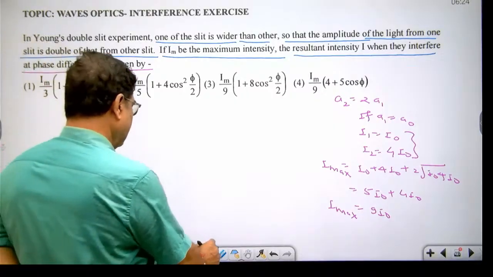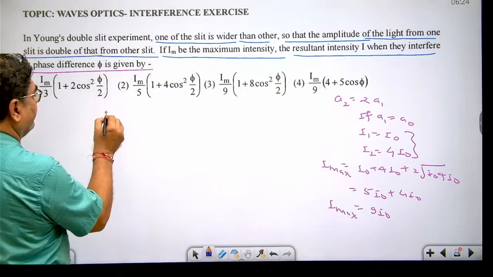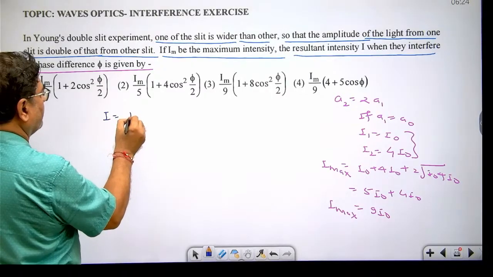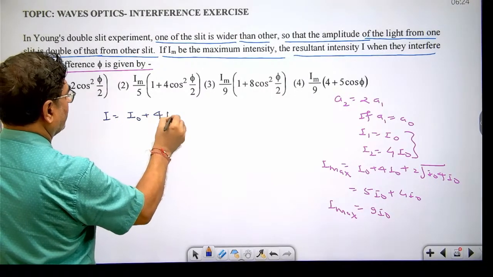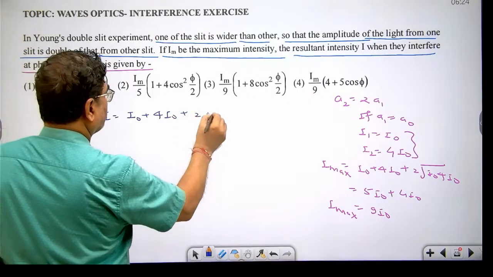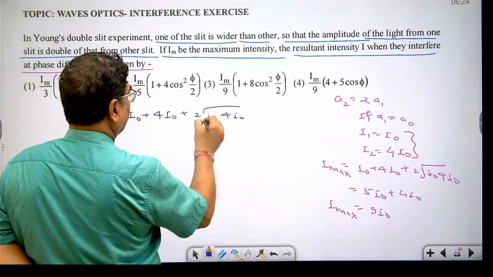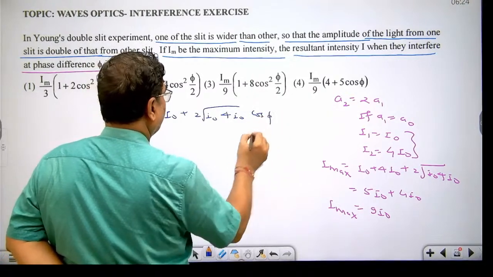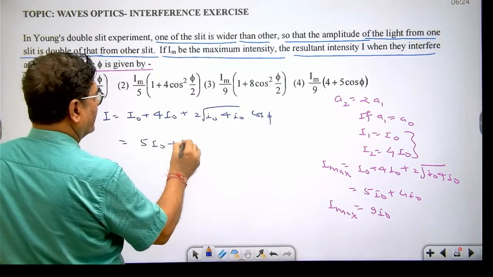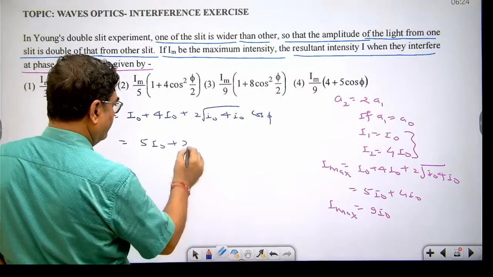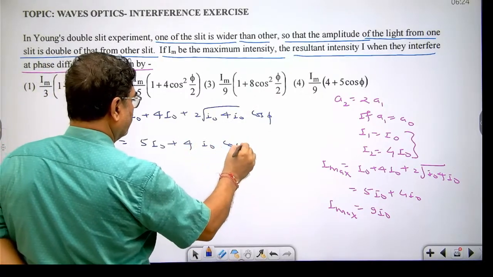Now let's find the solution of this question. In this question, phase difference is given phi. Resultant intensity will be equal to I1 plus I2 plus 2 under root I1 I2 cos phi. Okay, after solving this, we will get 5I node plus 2 into 2, 4 I node cos phi.